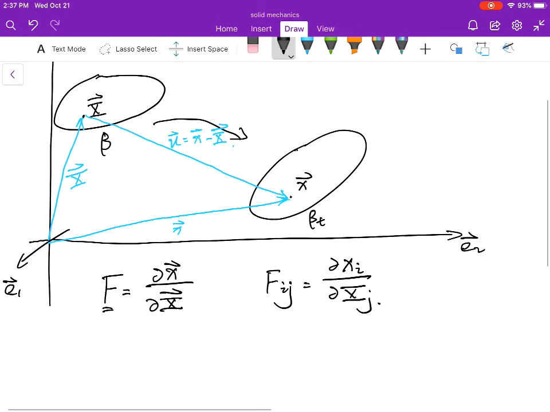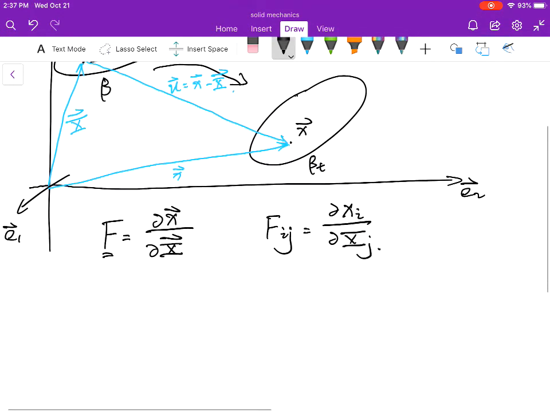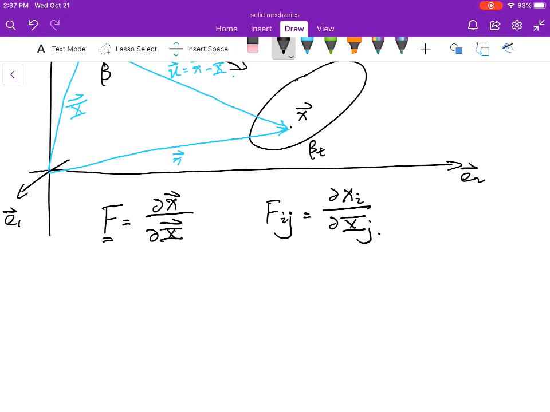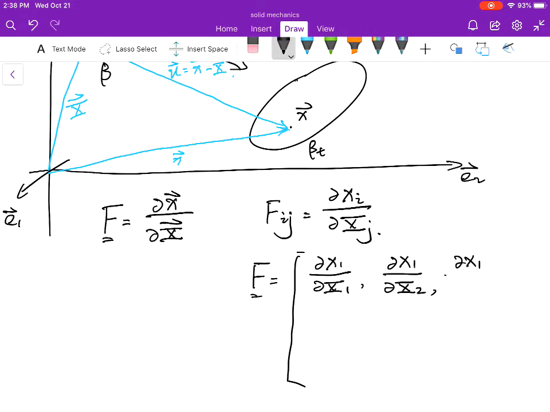Okay, so in order to further understand this, first I will write out what F looks like. Consider a three-dimensional case: we have partial x1 over partial X1, and then partial x1 over partial X2, partial x1 over partial X3, following this equation.